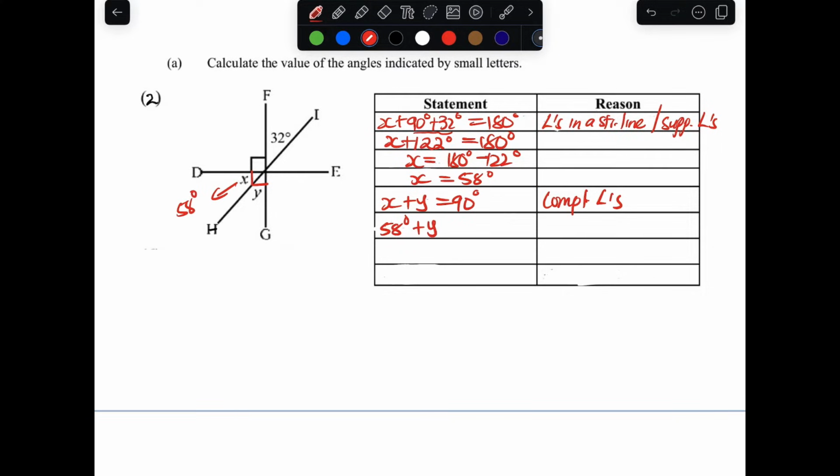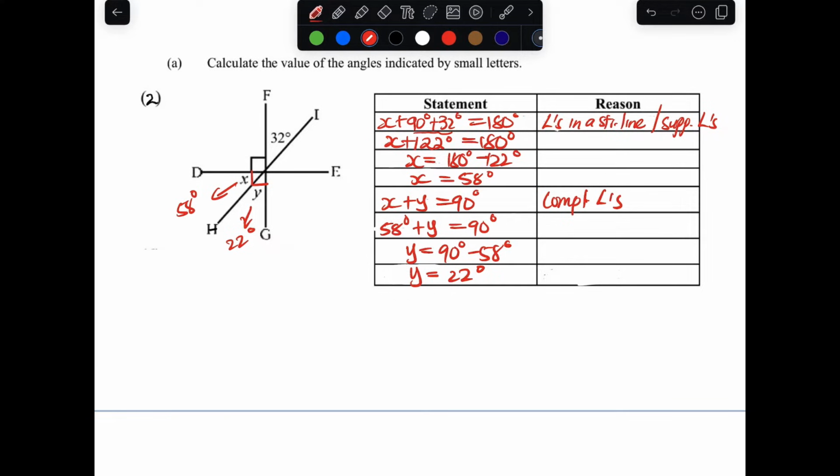We are looking for y. So y is equal to 90 degrees minus 58 degrees, it's going to be 90 minus 58, which is 22 degrees. So this one angle is 22 degrees, right?